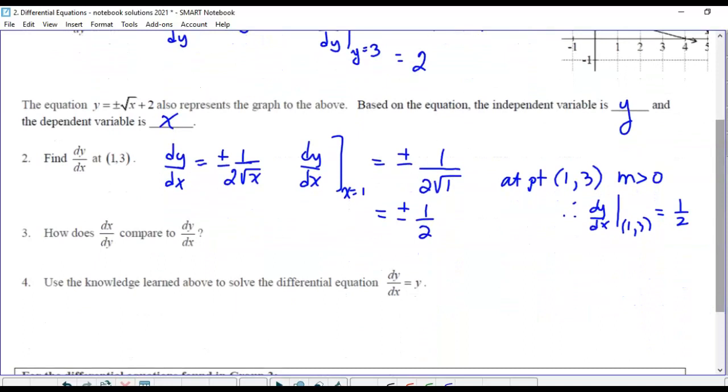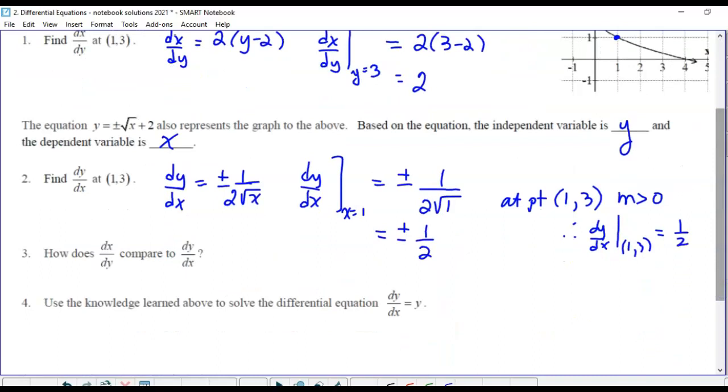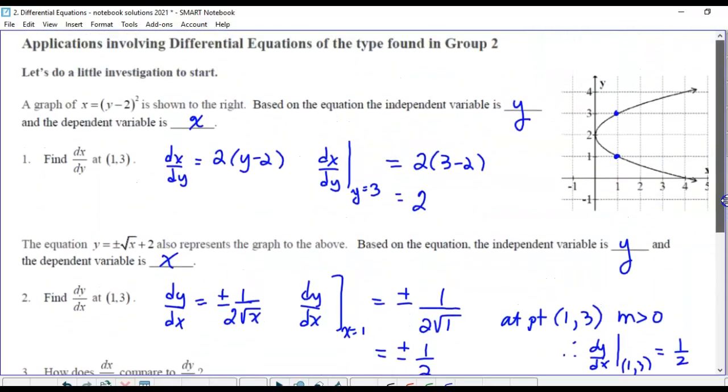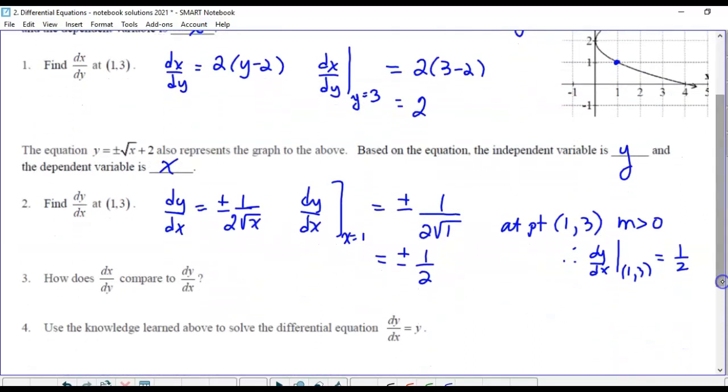Okay. How do they compare? Well, they're reciprocals of each other. Here, the slope was 2. Here, the slope is 1/2. Okay, here that was for dx/dy. Part 2 here was for dy/dx.